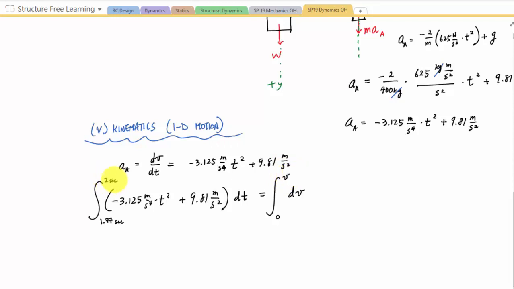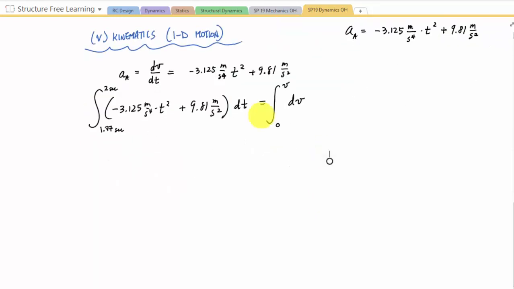Integrating and solving with these bounds gives negative 3.125 meters per second to the fourth over 3 t cubed plus 9.81 meters per second squared times t, all evaluated from 1.77 seconds to 2 seconds equals v, minus 0 technically.